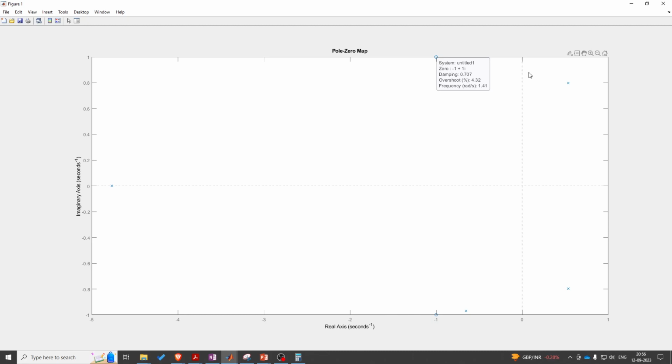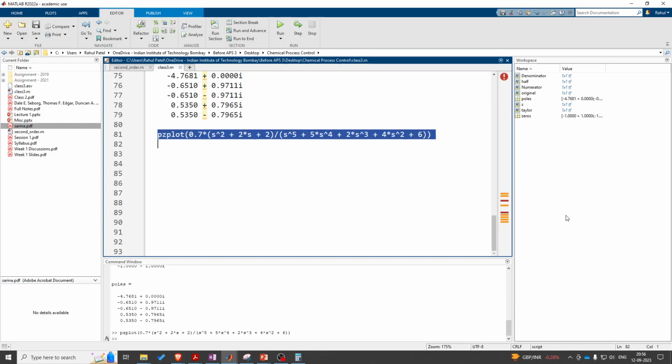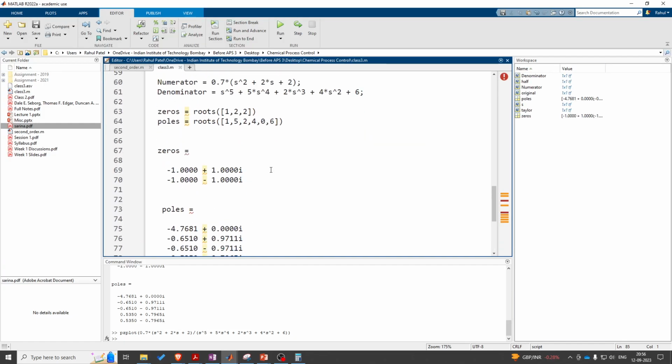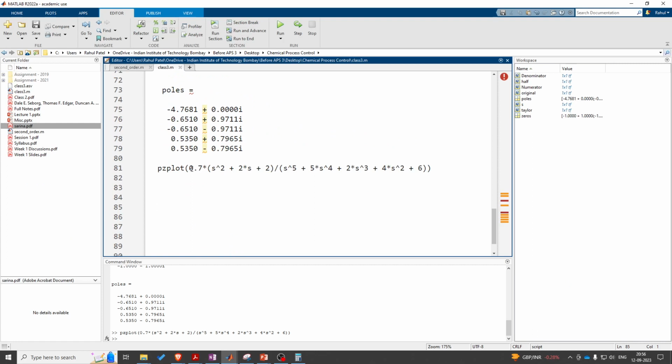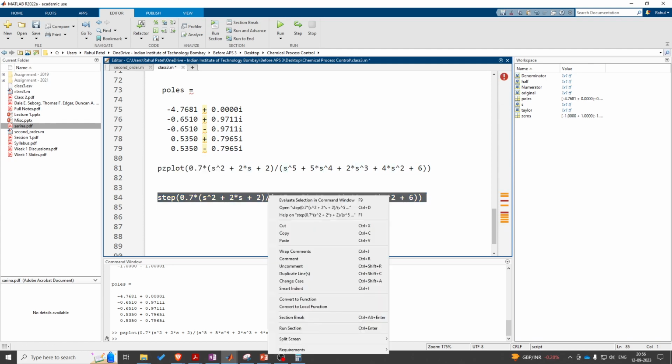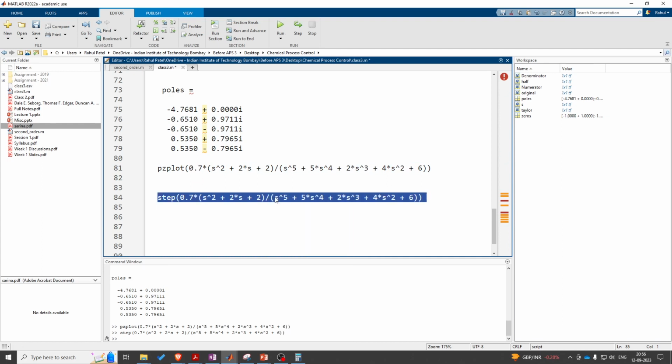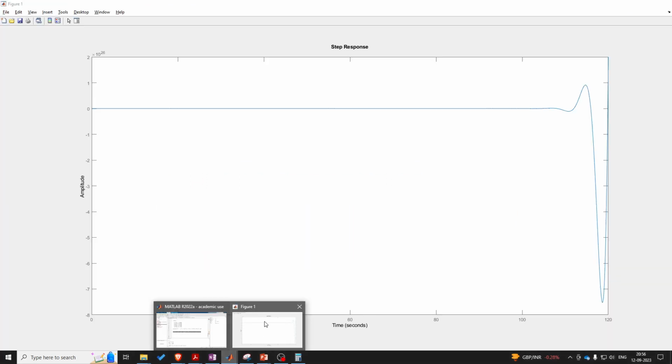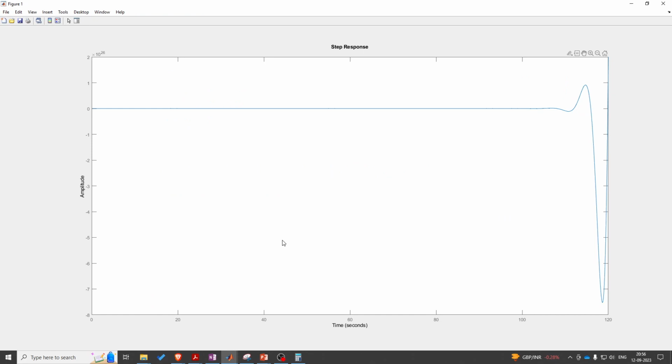Over here we can see that some poles are lying in the right half of the plane. That is why the system will be unstable. We can check that by plotting the step response of this transfer function, which we can simply do using the step function. So this is the response of the given system.